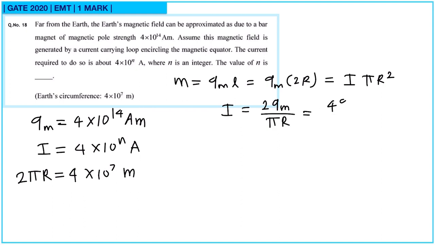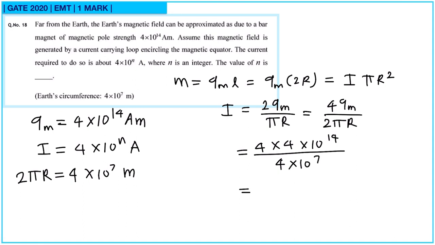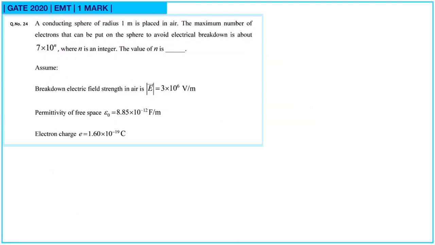So that is 4 Qm upon 2 pi r. So from here 4 into Qm is 4 into 10 raised to 14 upon 2 pi r is 4 into 10 raised to 7. So that is 4 into 10 raised to 7. So the power is 7. So n is equal to 7. And the answer in the answer key is 7 to 7.